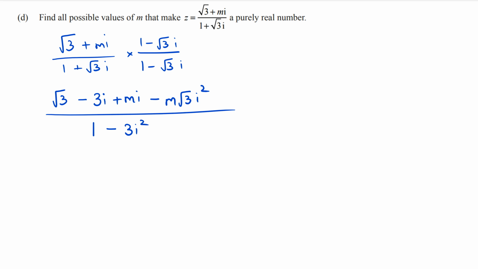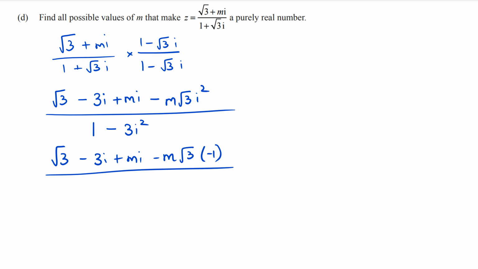So simplifying all of this now, we're going to get square root of 3 minus 3i plus mi. i squared is negative 1, so I'm going to get m square root of 3 times negative 1, and that whole thing is divided by 1 minus 3 times negative 1.